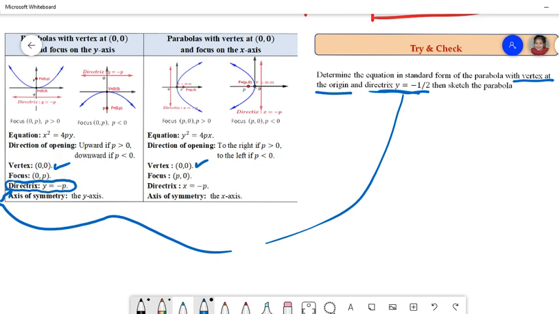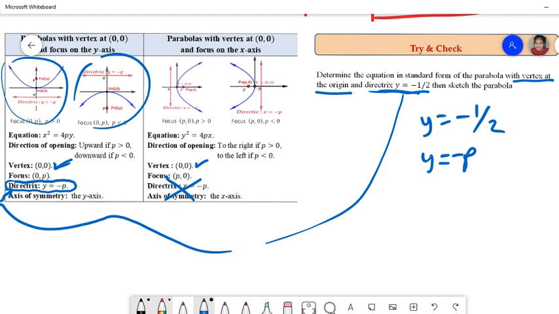So it's not this one. If you remove this one from our choices, it will be this type of parabola or this type. The vertex is at the origin, so let's match these.